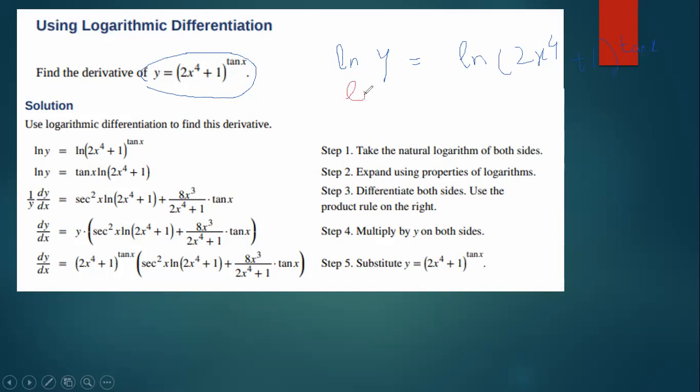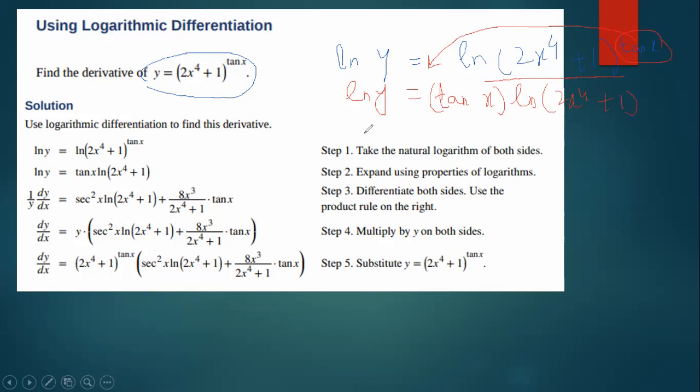Now I have to simplify my right-hand side. As this tan x is in the power, it will be written before the log, so it will be tan x, then ln of (2x^4 + 1).